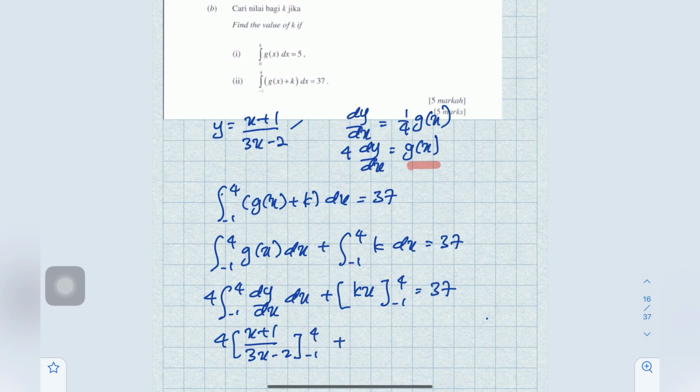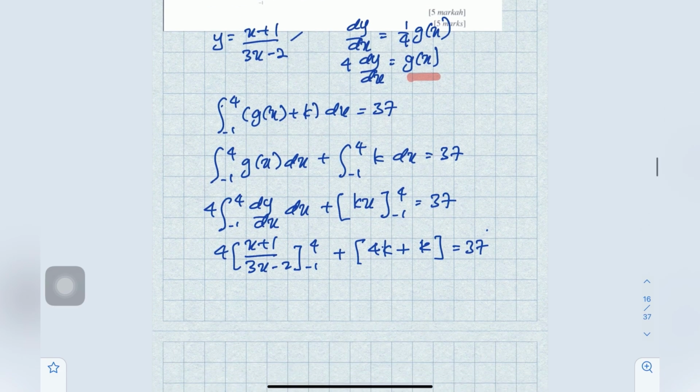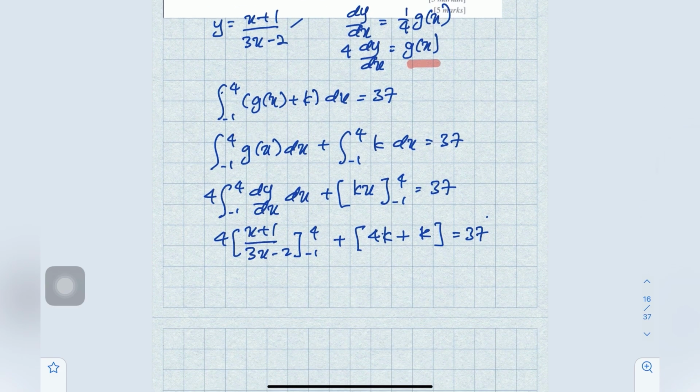Okay, plus kx, kita gantikan 4k minus, jadi plus lah, negatif sebab minus k. Mana-mana jadi tambah. Equals 37. Okay, sama juga this one kita kena substitute upper limit minus substitute lower limit.